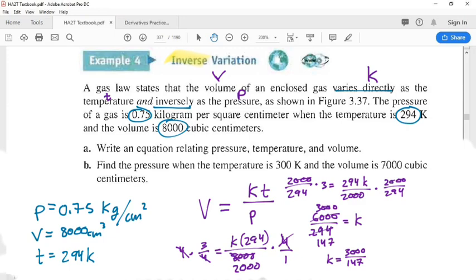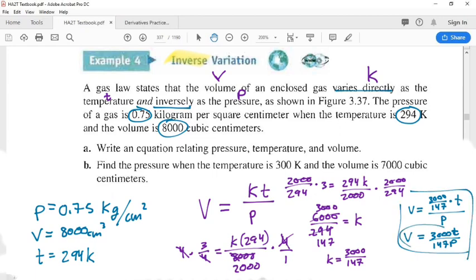All right, so our equation would be the volume is 3,000 over 147, which is our K, multiplying T, divided by P. We could rewrite this by multiplying the top and the bottom by 147, so it would be 3,000 T over 147 P. Any of these work. This one's better because it doesn't have a fraction inside of a fraction.